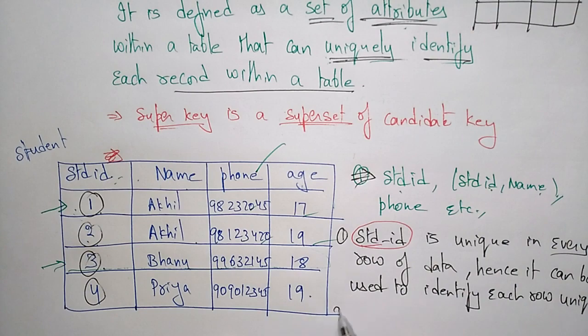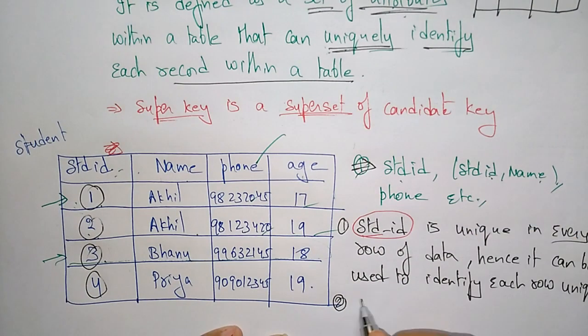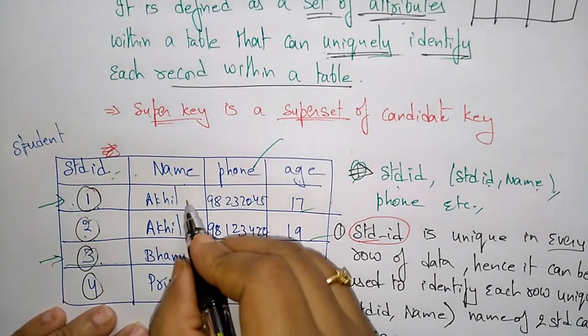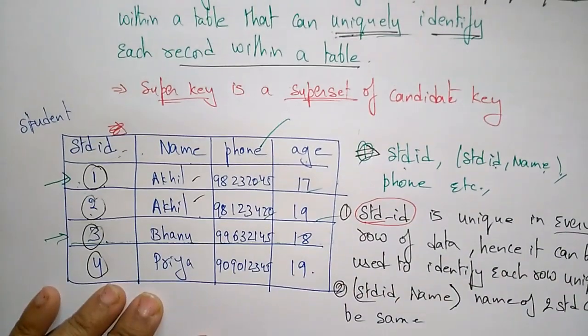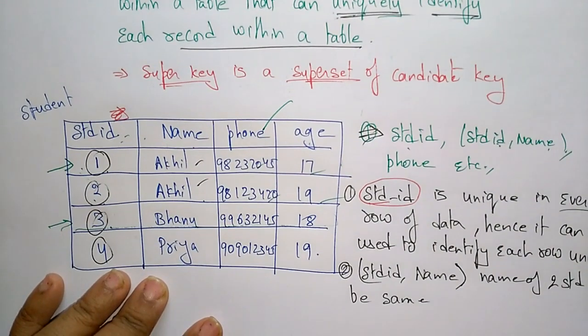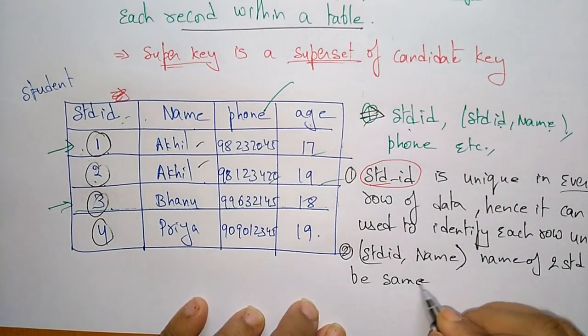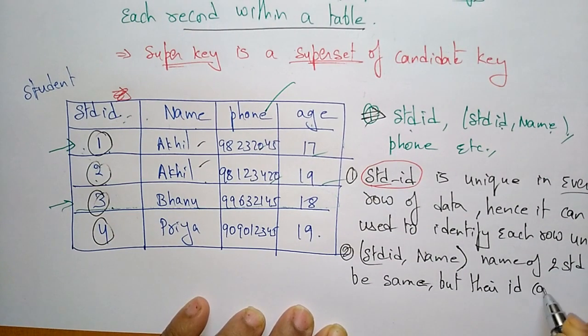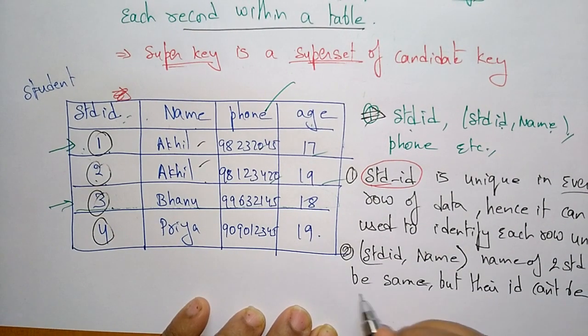Now coming to the second case. What is that? Student ID, comma, name. So here the name of two students can be the same. But their ID can't be the same.